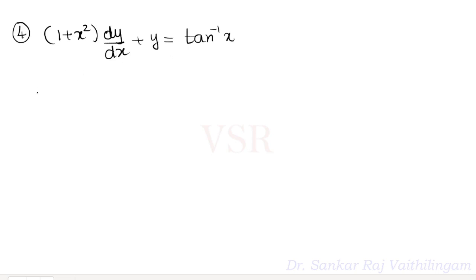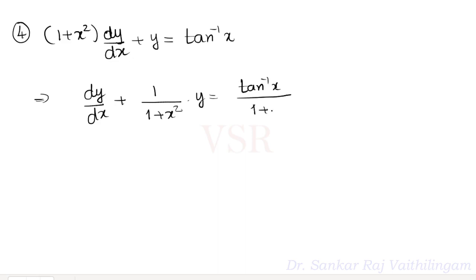This equation, this implies that divided by this fellow, so we'll have dy by dx plus 1 divided by 1 plus x square into y, which is equal to tan inverse x divided by 1 plus x square.